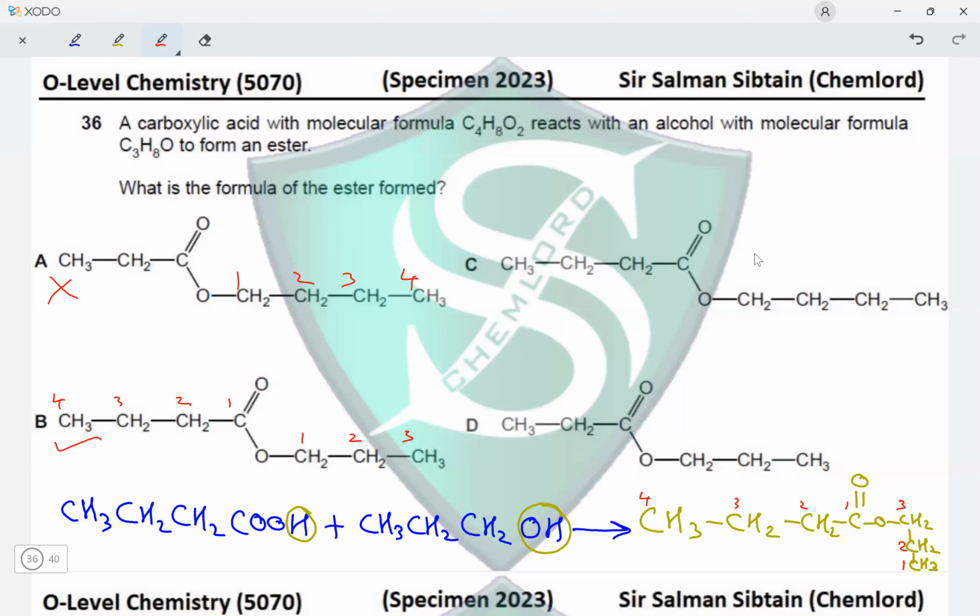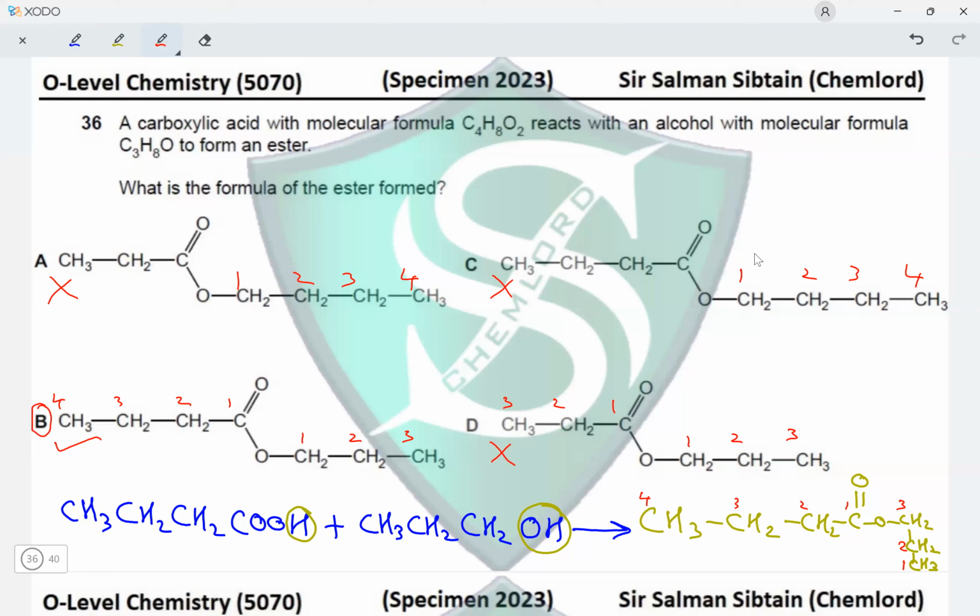Option C again has 4 carbon atoms for the alcohol part, making it incorrect. Option D has 3 carbon atoms for the alcohol part, which is correct, but for the carboxylic acid it has 3 carbon atoms instead of 4, so this is wrong. This makes option B the correct option for this question.